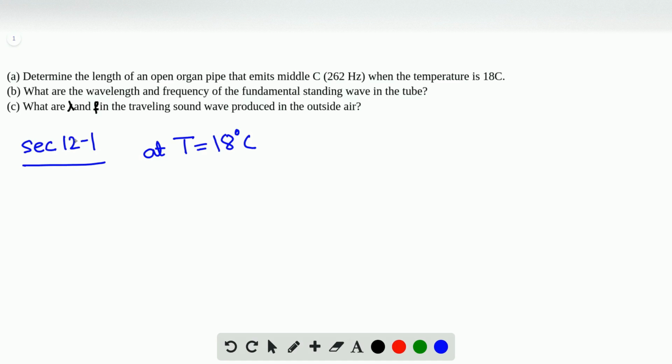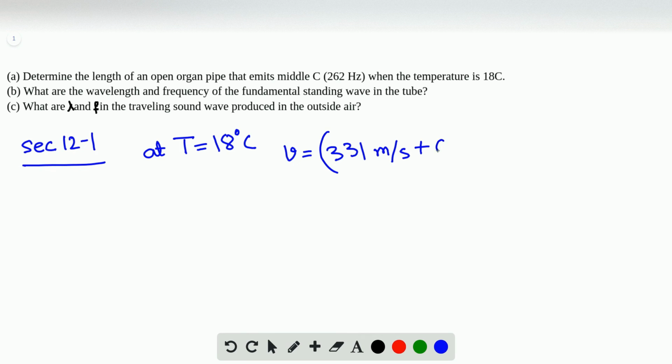Okay, so if we look at section 12.1, at a certain temperature, so for our case it's 18 degrees Celsius, we can figure out the velocity or the speed of sound, and that's going to be 331, which is the speed of sound at 0 degrees Celsius.